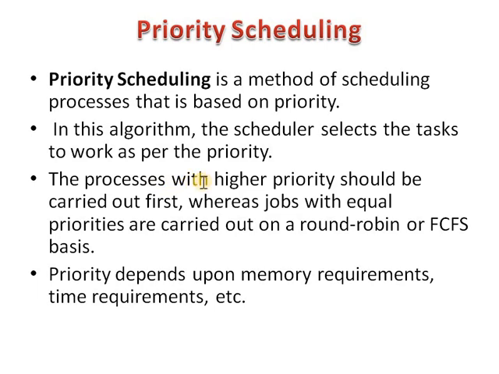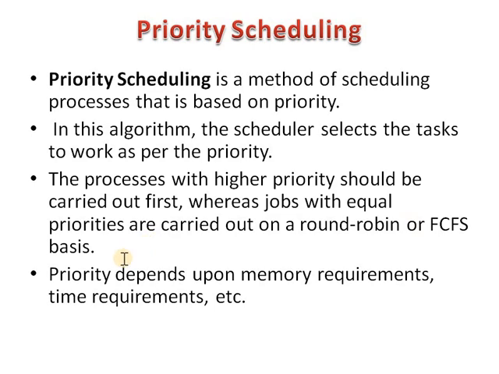The processes with higher priority should be carried out first. Here the process having a higher priority is selected first, whereas jobs with equal priorities are carried out on a round robin or FCFS basis.